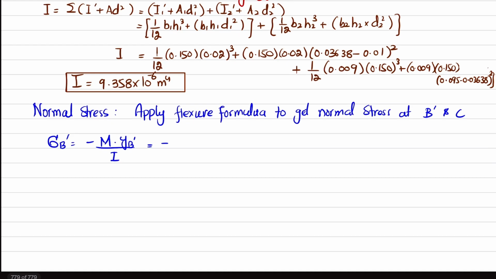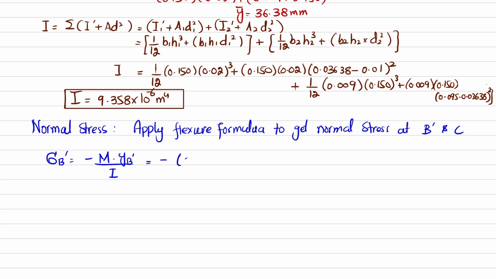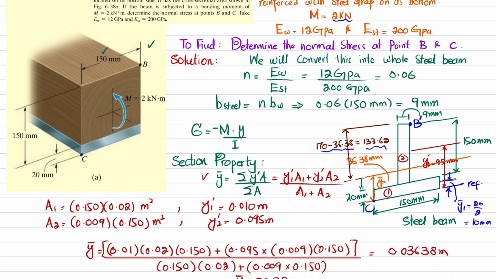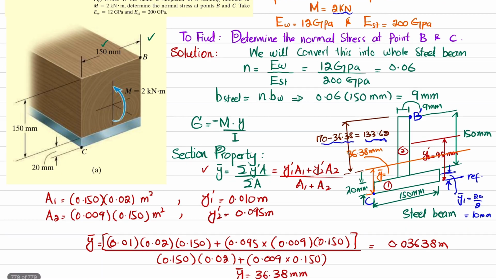So I can write it as minus 2 kilonewton, so 2 into 10 to the power 3, multiplied by YB, which is 133.62. Either you can write this or this, both will be the same.